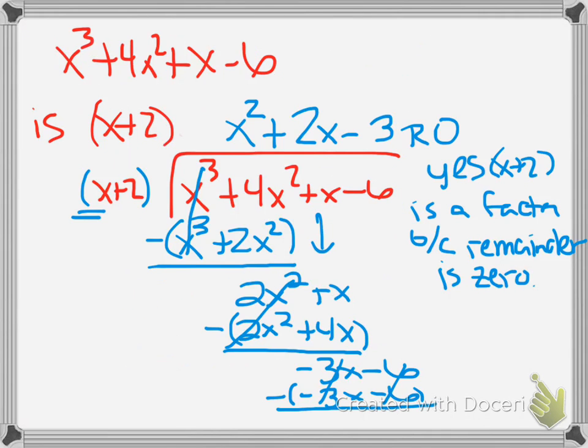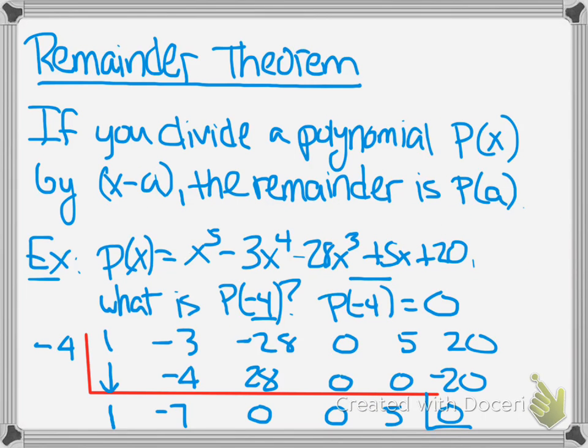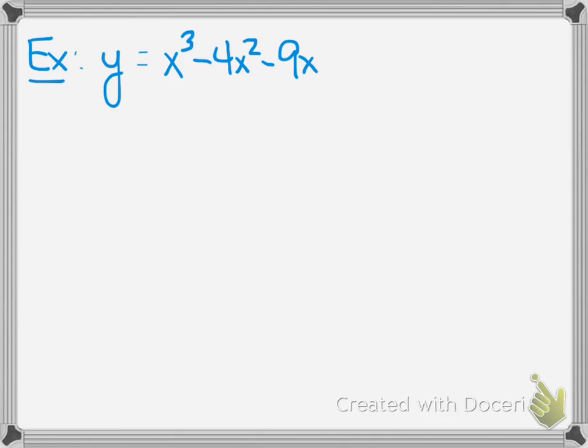Now, the final thing that we can do is we can use synthetic division to completely factor a polynomial, such as this. Y equals x cubed minus 4x squared minus 9x plus 36, and we're told that x plus 3 is a factor.